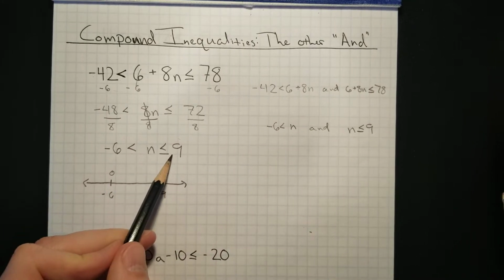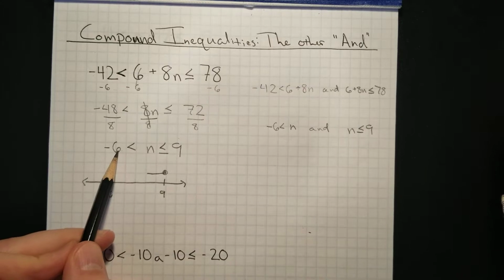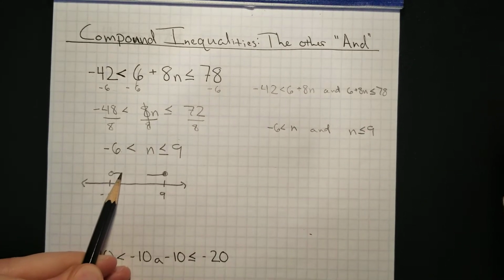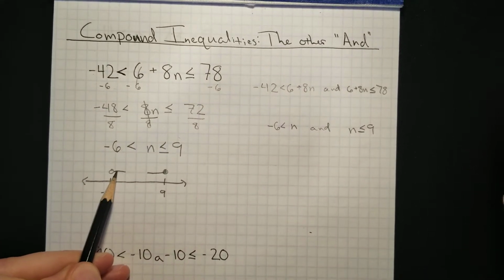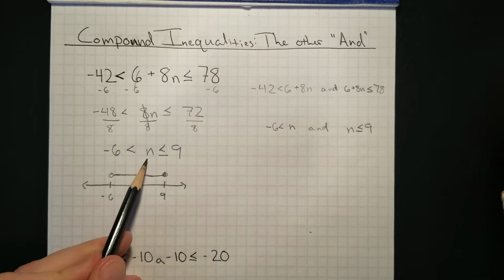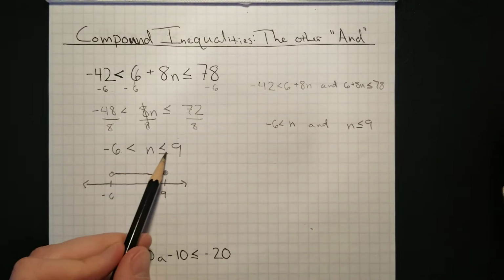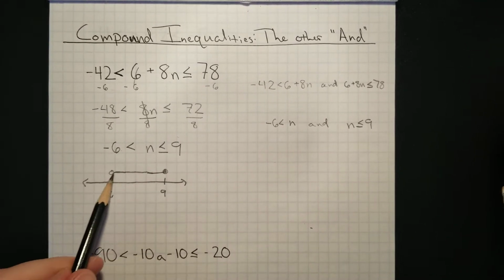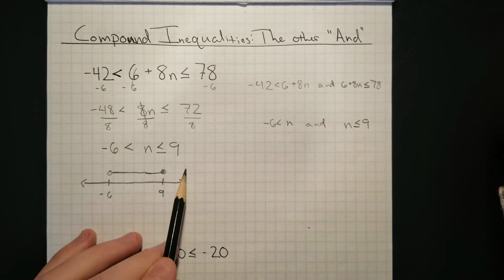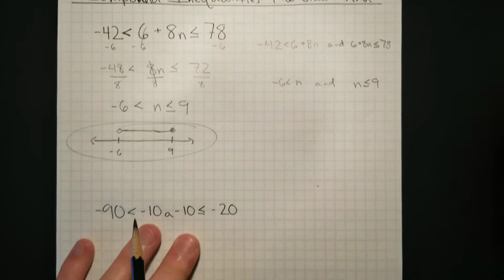Since n is less than or equal to 9, we have a line that goes this way, and it's also greater than negative 6, so we have a line that goes this way. We can see how n is between those two values. So this is a graph that represents that expression.